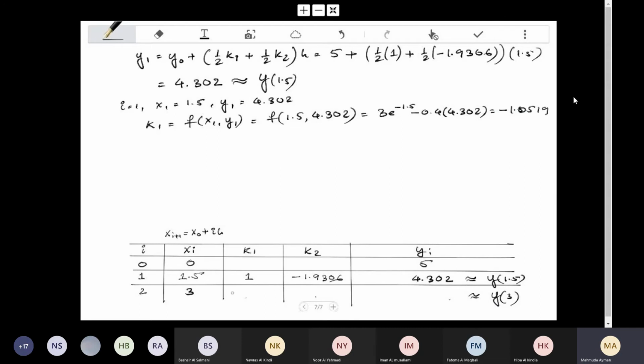So we just got this value here, which is minus 1.0519. Now we'll find out k2.